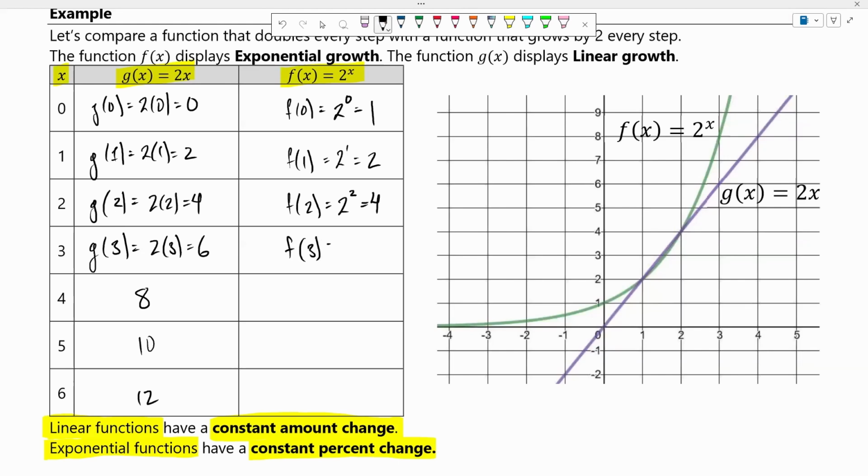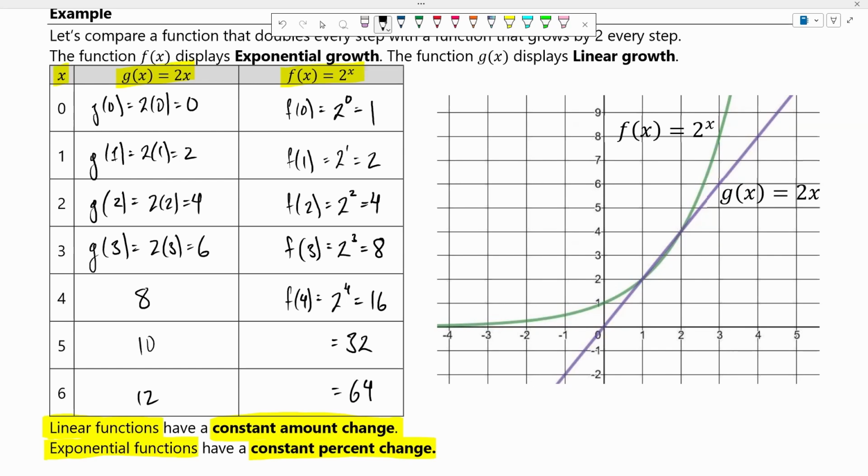F of 3, now here comes the hard stuff, 2 to the third. So it's going to be 2 times 2 times 2, that's going to be 8. F of 4, 2 to the fourth, that's 2 times 2 times 2 times 2, 16. If you keep going, you're going to get 32 for the next one, and you're going to get 64 for the last one.